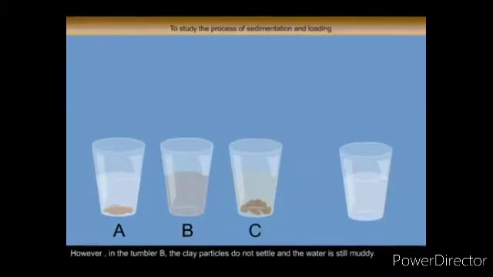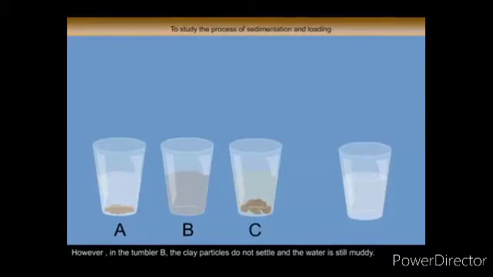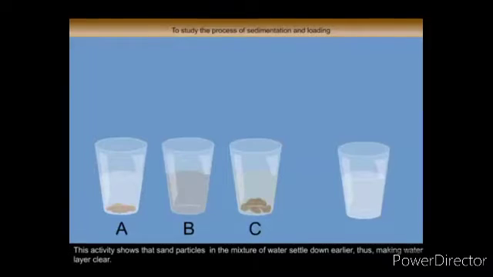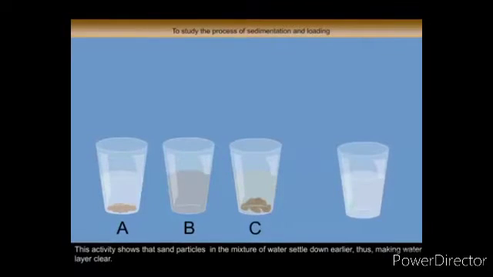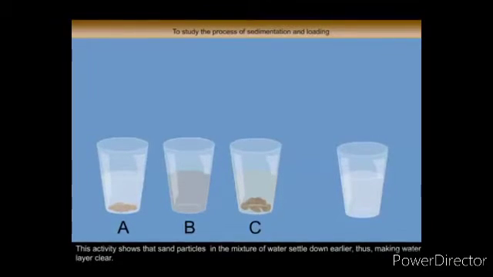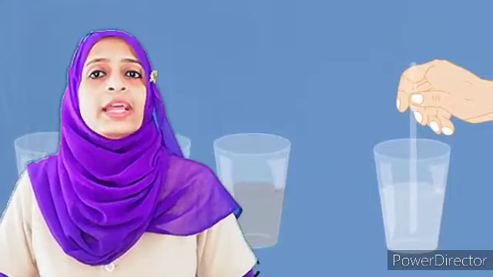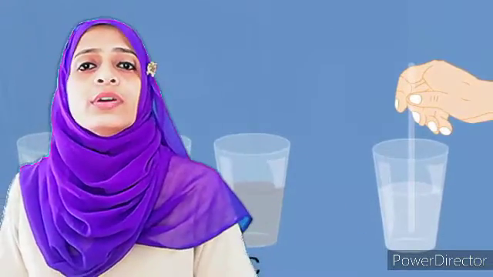On the other hand, in beaker B, clay did not settle down. This proves that alum helps in fast sedimentation. So, in this activity, you observe that sand settles easily so that we can do sedimentation and decantation easily.